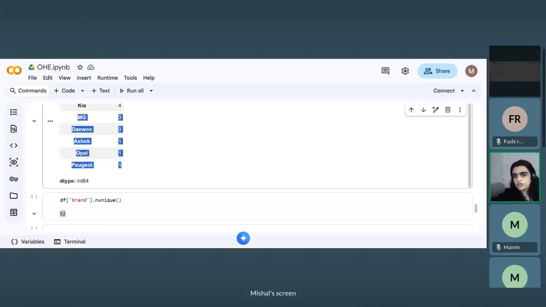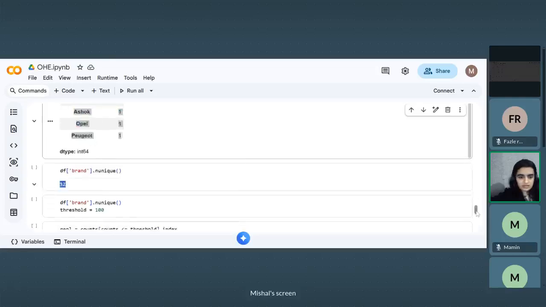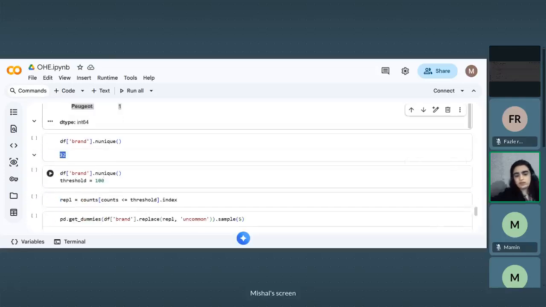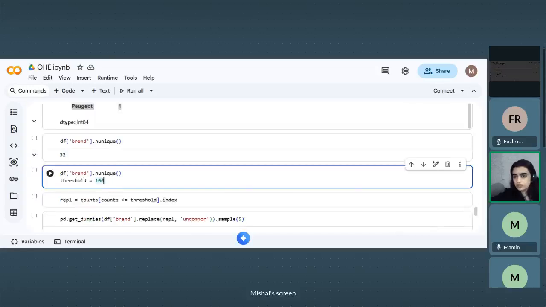It will just increase the memory it takes and the processing time, so we can just drop them. So here we will consider a specific threshold. Here we have considered it 100. If the number of rows is less than 100, then just drop it.